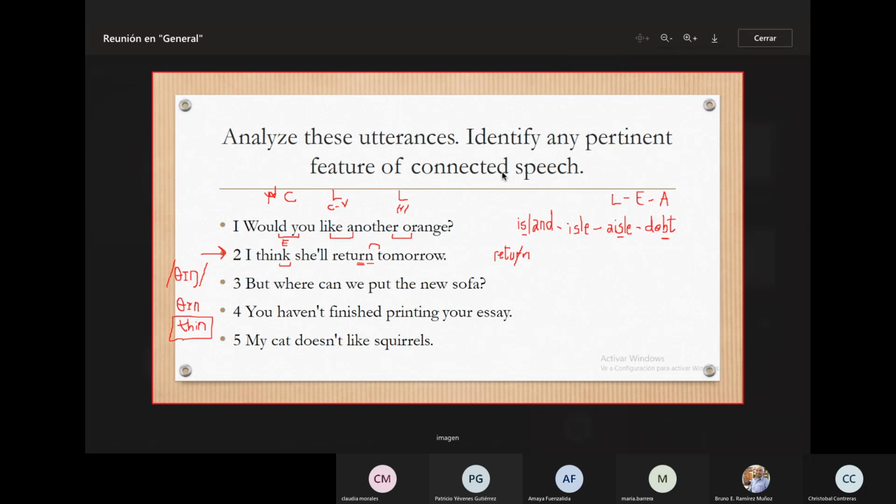So in a written exercise, there are many options possible. So in an evaluation, for example, I would probably give you the transcription. If you look at the transcription, for example, in number one, would you like another orange? I would make sure that the transcription includes the affricate in would you, right?